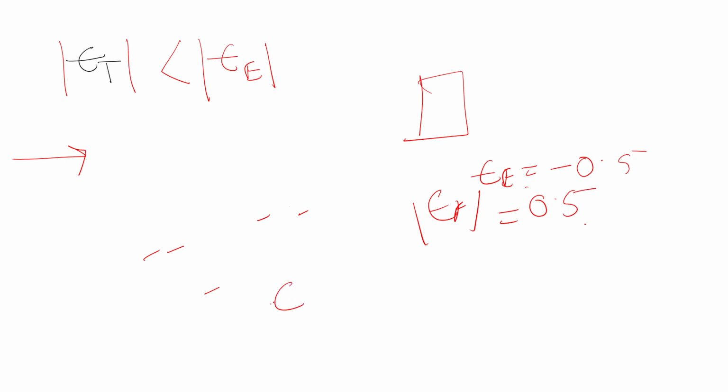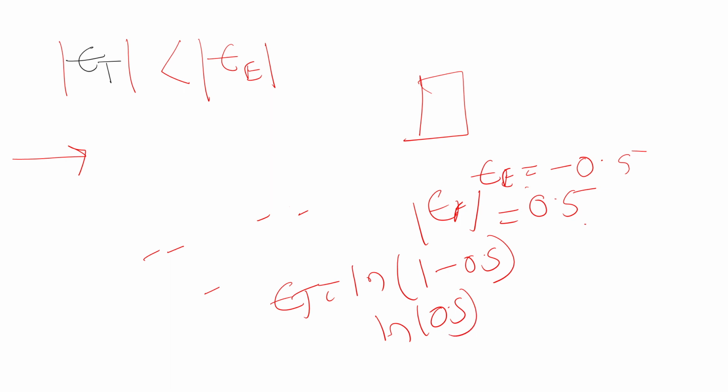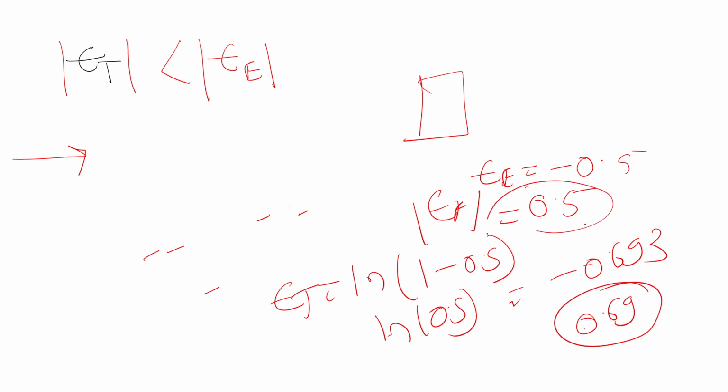But when you find the true strain, it is ln of 1 plus engineering strain, so ln of 1 minus 0.5, which is ln 0.5. What is the value of ln 0.5? Minus 0.69. And the magnitude of this value is 0.69, which is greater than 0.5. Then the true strain will be greater in this case.